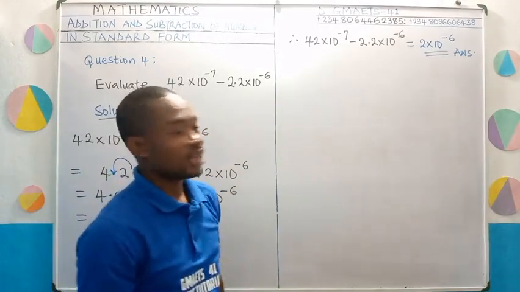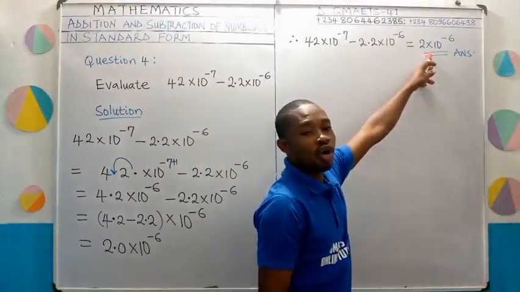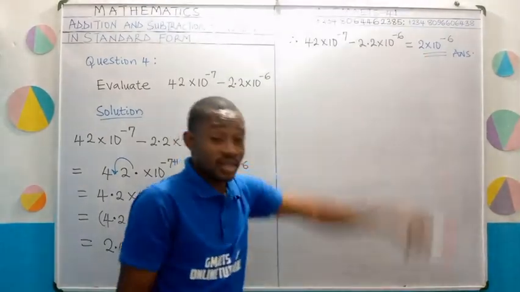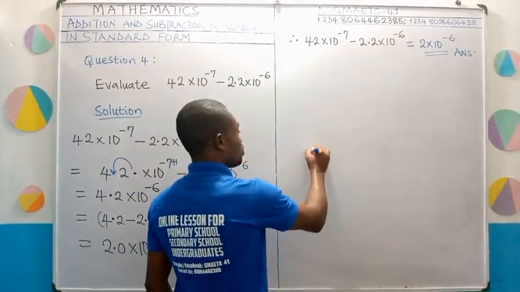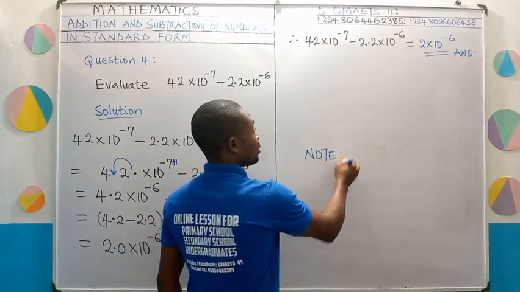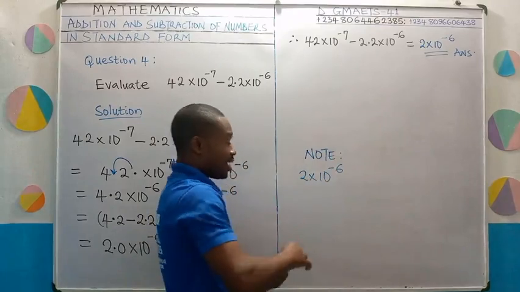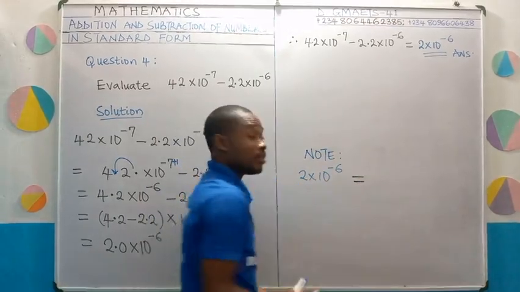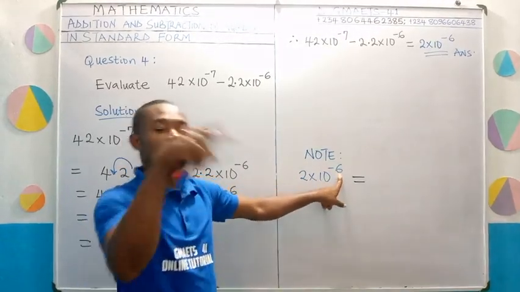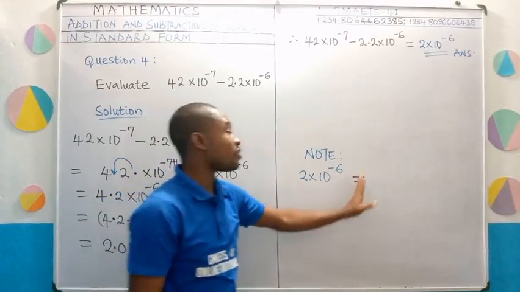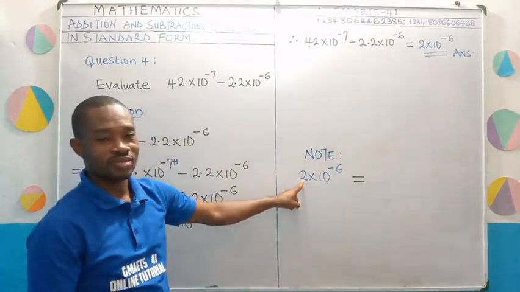Finally, I want to show you something. What if I said you should write this answer in ordinary form? Because that number is in standard form. If I say you should write it in ordinary form, let me just put a note here. Alright. 2 times 10 raised to the power minus 6 in ordinary form is equal to, let me interpret it for you now. This raised to the power minus 6 means that we have 6 zeros before this 2.